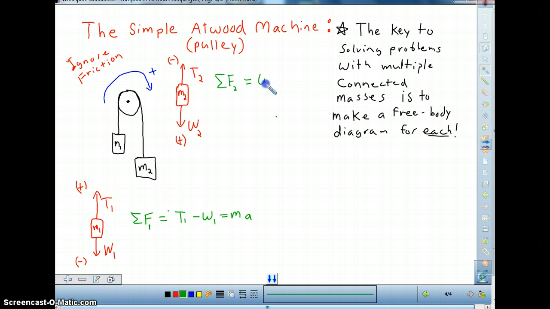We will have weight of mass 2 minus tension 2 equals m a. What we have now is a system of two equations, and we have some similarities between the two, which we're going to note in blue.